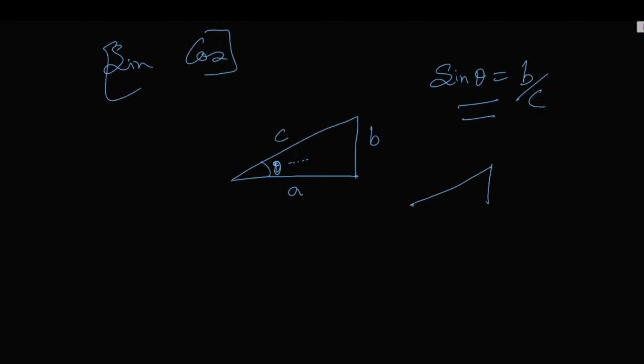Say in this triangle, this is some 10 degrees. In the next step you decrease it by 1 degree, and again after that you decrease it by 1 degree. A time will come when this will completely merge with this side, right? When this merges, this side will completely diminish, this side will be completely gone.